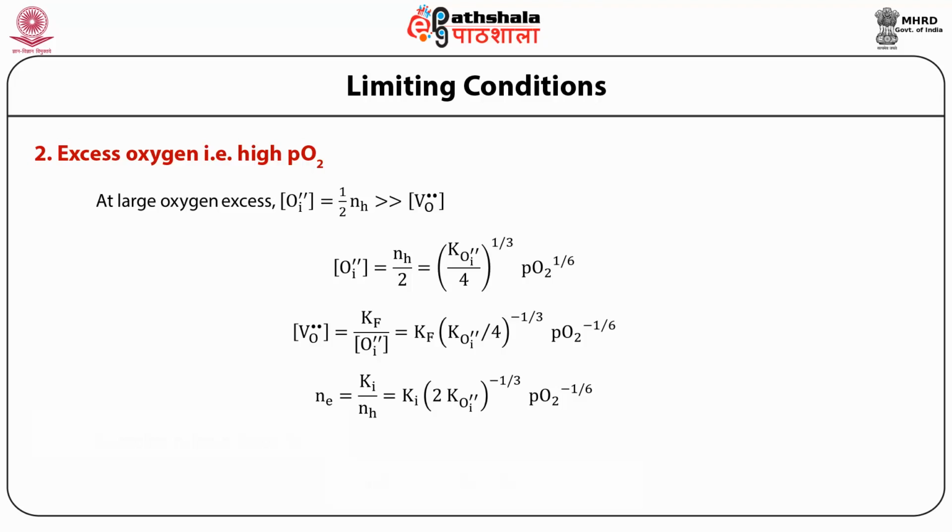Now combining the equations, we get Ne is equal to Ki into twice of K of OI double prime to power minus 1 by 3 PO2 to power minus 1 by 6. So combining all the above equations, we get the condition that PO2 should be greater than 16 Kf cube to power K of OI double prime square.